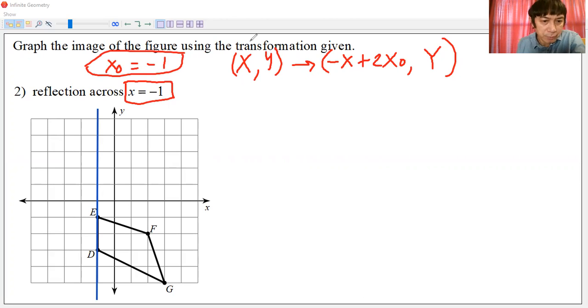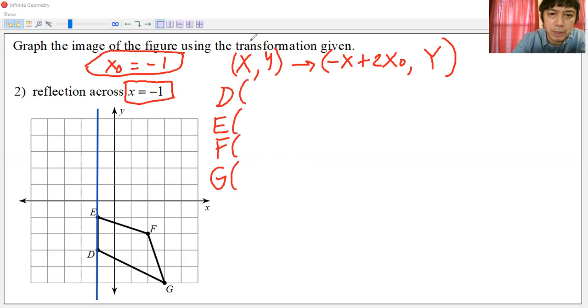All right, so let's gather our points. So this is D, E, F, G. We will read the coordinates of this. Our point D is -1, -3. Okay.